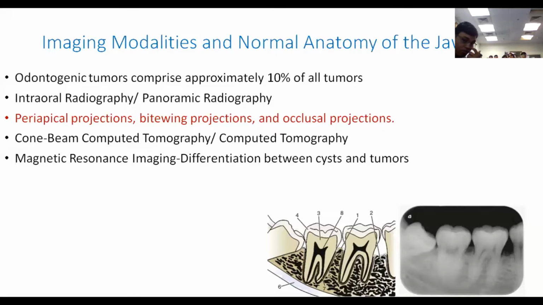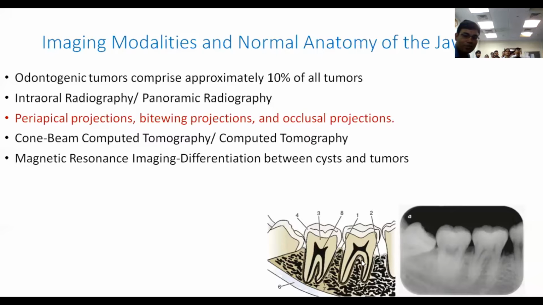What are the parts of the tooth? Can anyone tell what these structures from 1 to 8 are? What is 1? Alveolar process, alveolar crest. What is number 2? Cancellous bone actually. This is the bone, this is the crest.